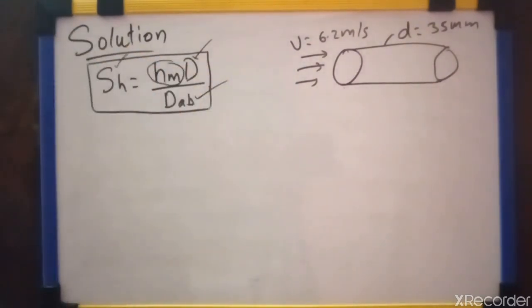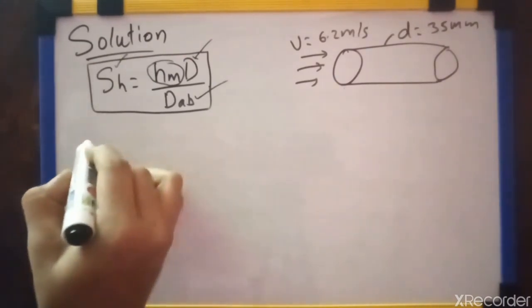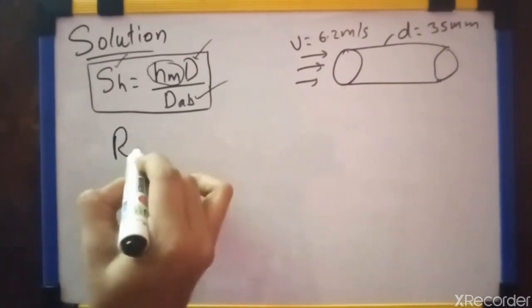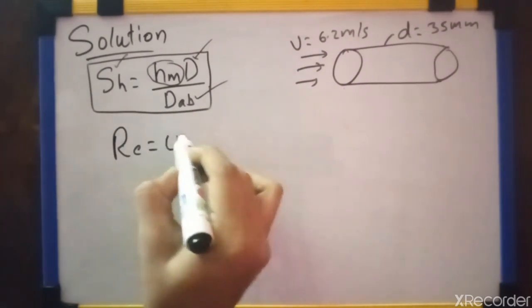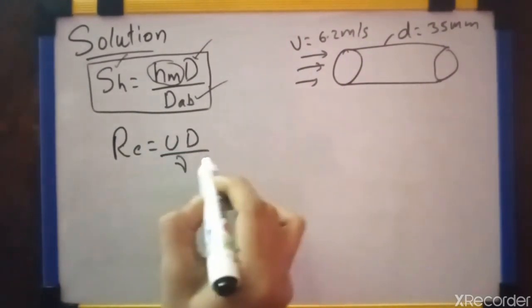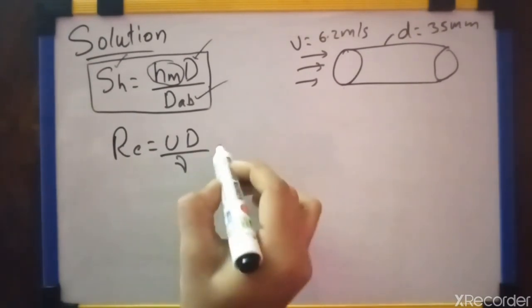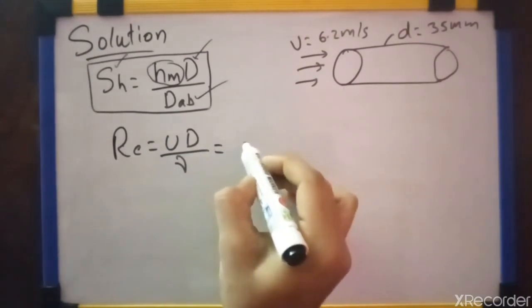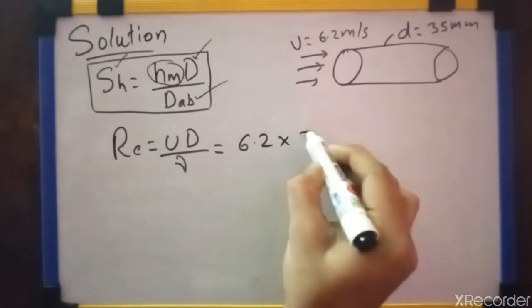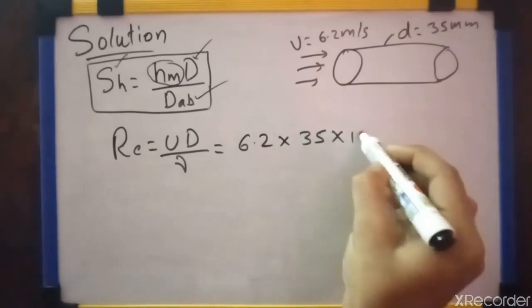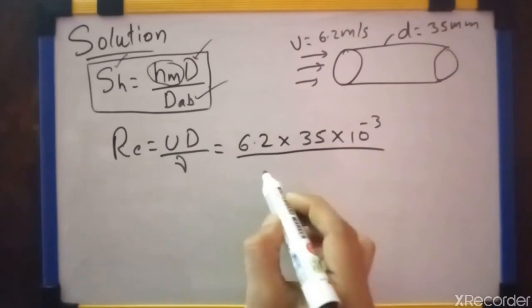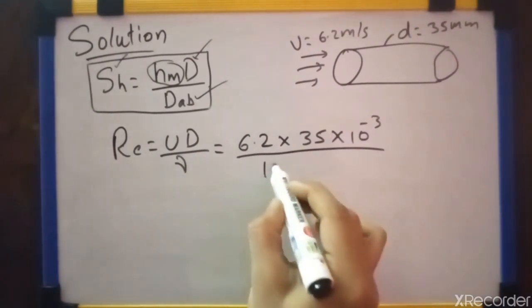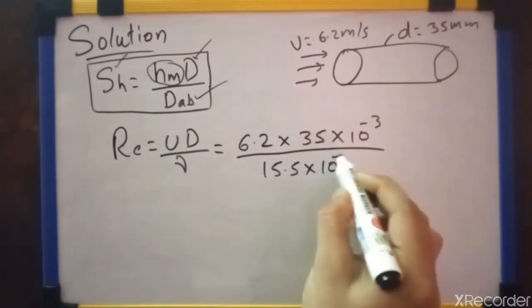First of all, we have to find out the type of flow, whether it is a laminar flow or a turbulent flow. For that, we have to find out the Reynolds number. Reynolds number Re is equal to U into D by nu. U means velocity V, that is 6.2 into diameter 35 into 10 raised to minus 3 meter, divided by nu, given as 15.5 into 10 raised to minus 6.